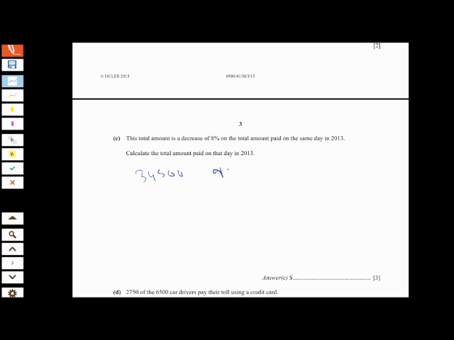Now, in order to find 100%, we can use the scissors method, which is 100 times 34,500 divided by 92, and you would get the 100%. The 100% is $37,500. And that's your answer.